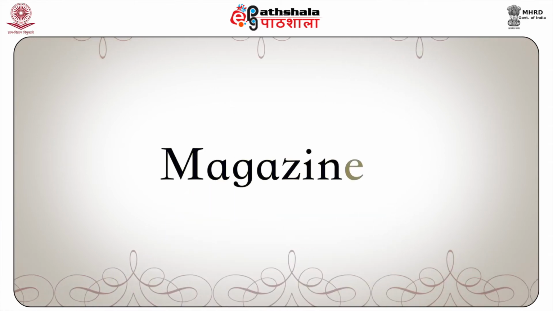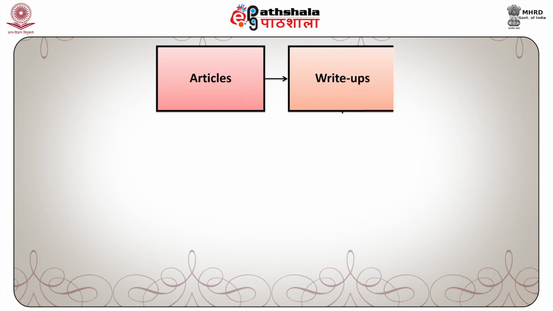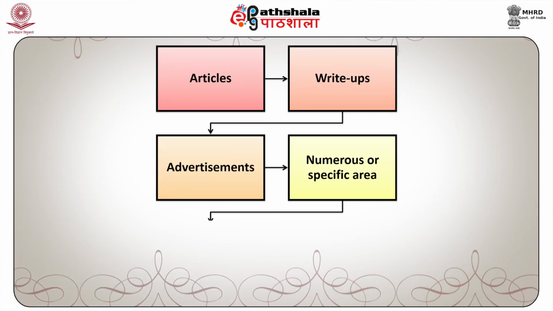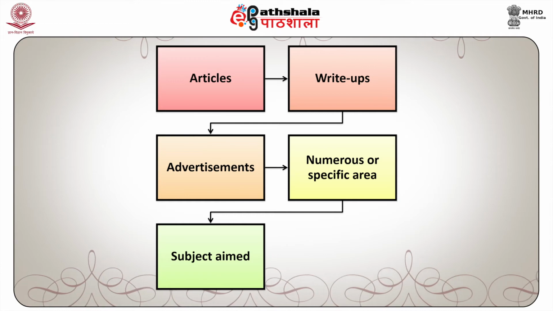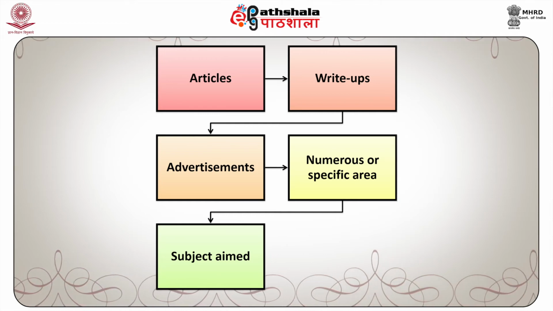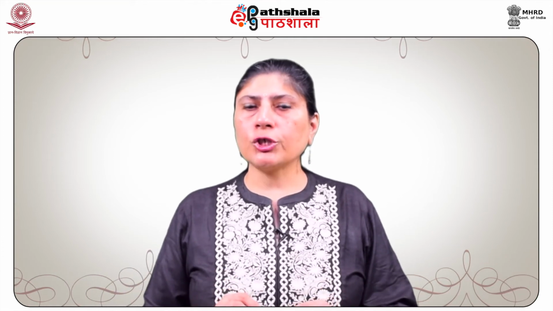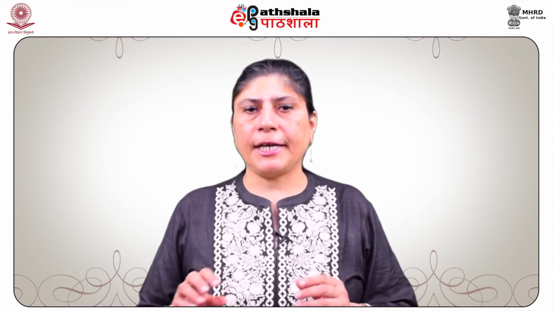Magazines. Let's see what magazines are. A magazine is a periodical publication which includes articles, write-ups, advertisements covering numerous or specific areas or a subject aimed at a particular kind of readership. A magazine, in short, is a compilation or combination of a wide variety of contents.